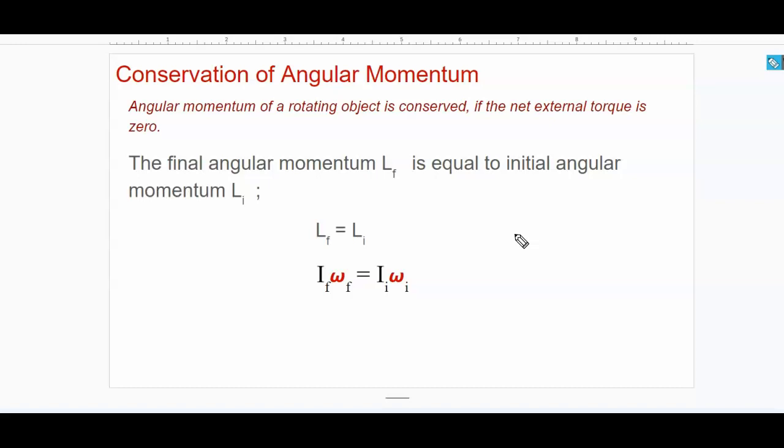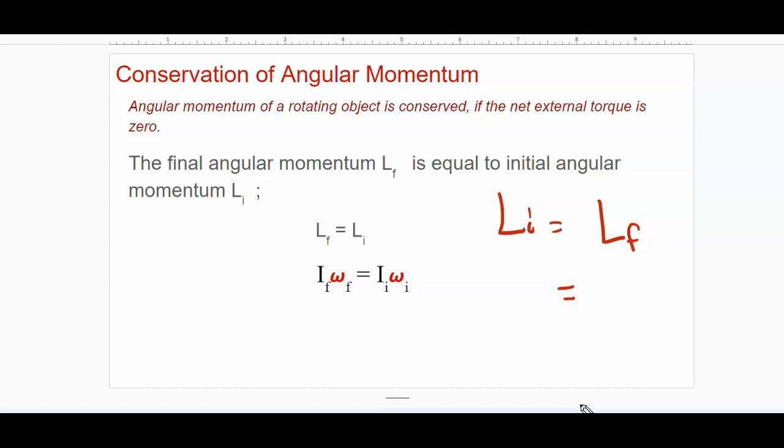And basically the way any conservation law works is you have an initial value and a final value, and those two values are equal to each other. I'm just going to rewrite this even though it's on the screen in front of you. In other words, if you have a situation where conservation of angular momentum applies, then the initial angular momentum is equal to the final angular momentum.